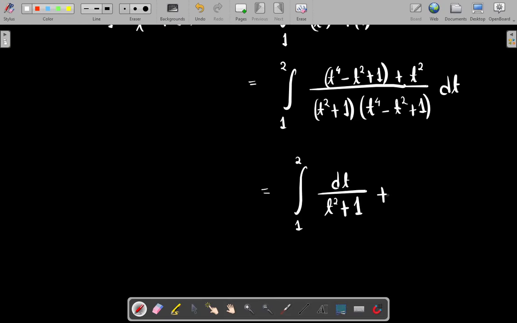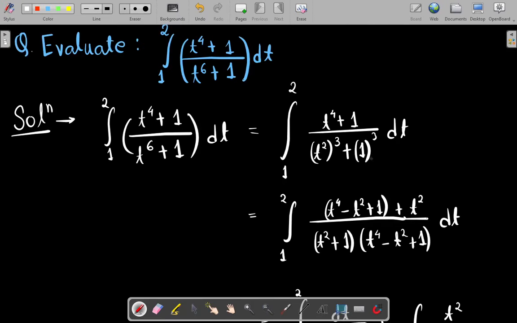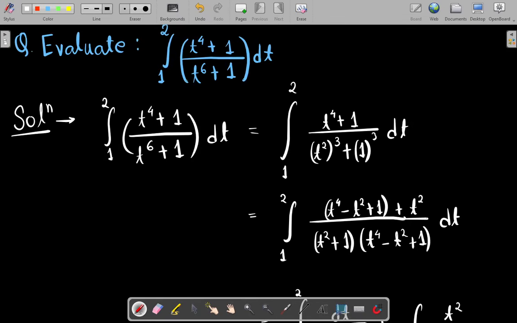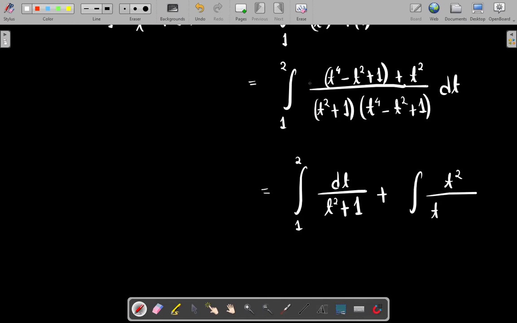For the second one, let us revert back to the original denominator, t to the power 6 plus 1, dt.